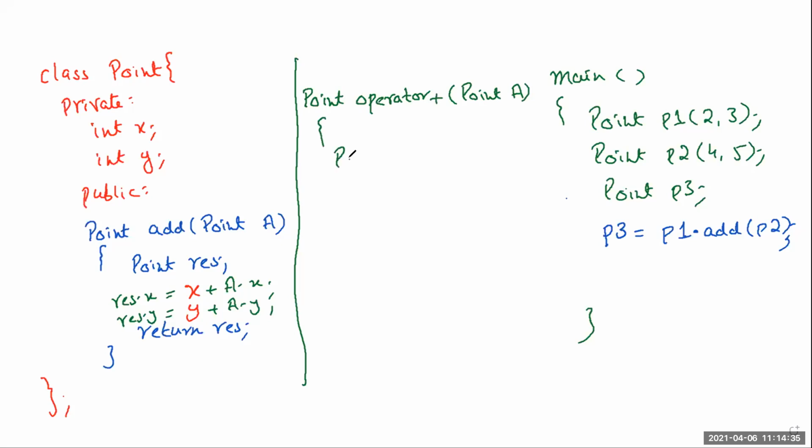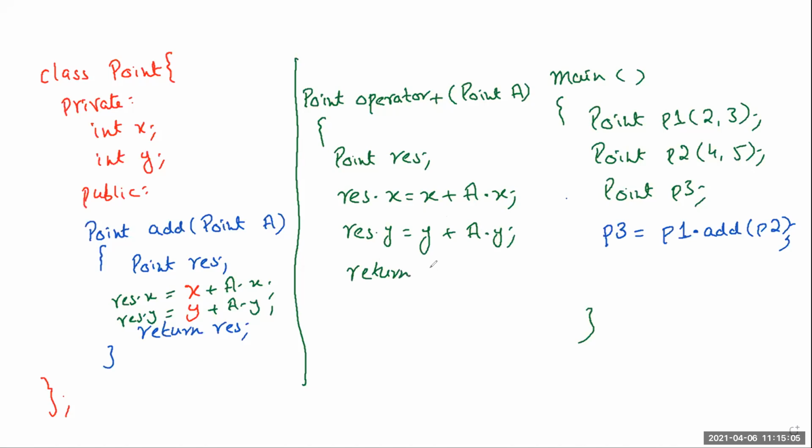Here I will write point result, and then result dot x is x plus a dot x, result dot y is y plus a dot y, and then I say return result, and the class ends here.